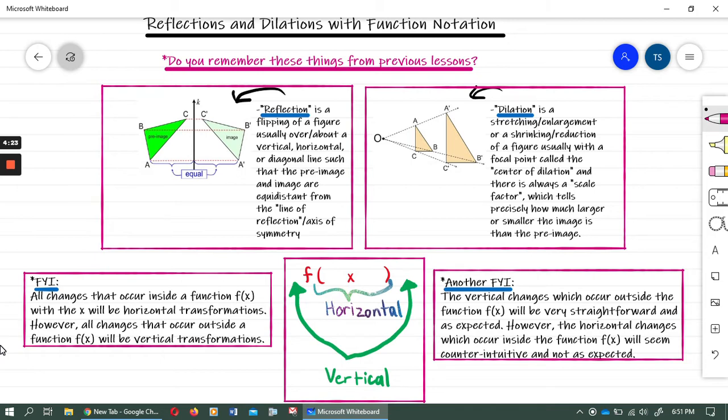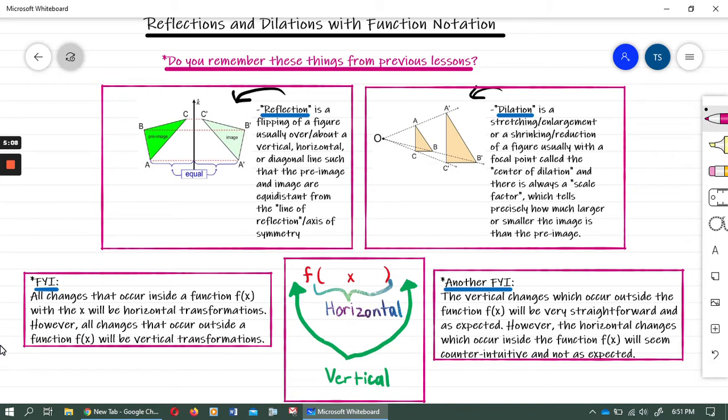In the most recent video and lesson that we had yesterday on translations, remember that the function notation for translations was based on you adding or subtracting a number, either inside of the function or outside of the function, or possibly both.